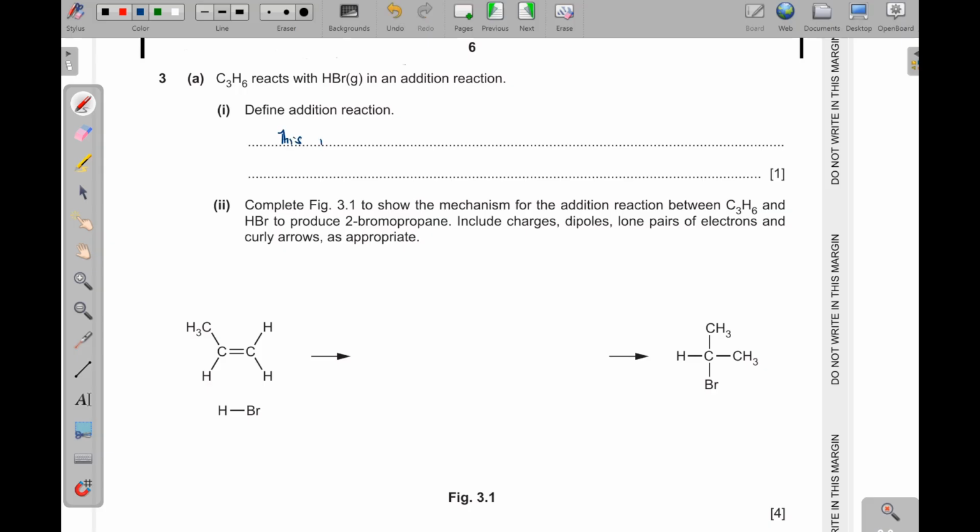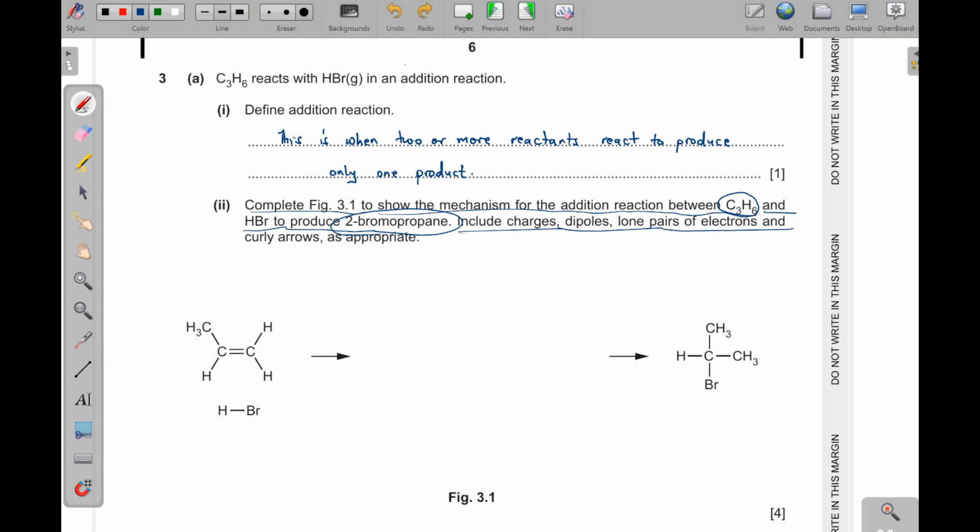This is when 2 or more reactants react to produce only one product. Simple as that. Then Roman 2, complete this figure to show the mechanism for the addition reaction between propene and hydrogen bromide to produce 2-bromopropane. Include charges, dipoles, lone pairs of electrons, and curly arrows as appropriate.